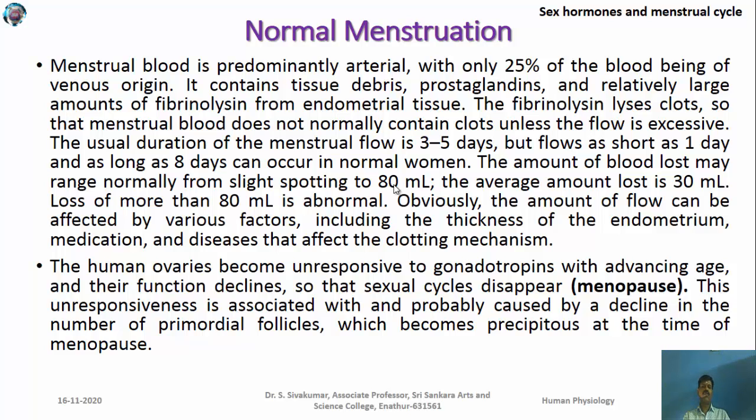Even when your age becomes more than 35 or 40, the menstrual cycle stops. That stoppage of the menstrual cycle after 35 or 40 years is known as menopause. So it starts from the age of puberty, about 18 years, and stops around 40 years. That is why we fix the marriage age between 18 and 40.